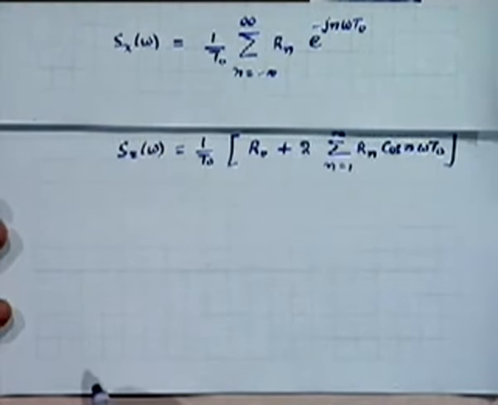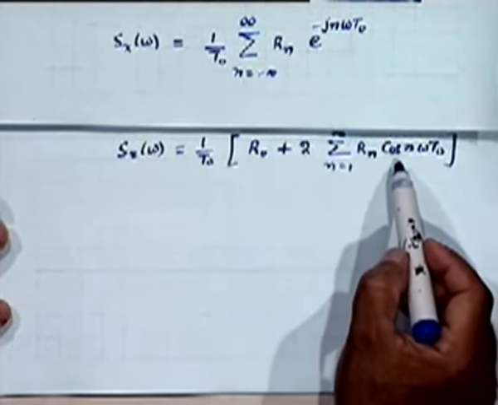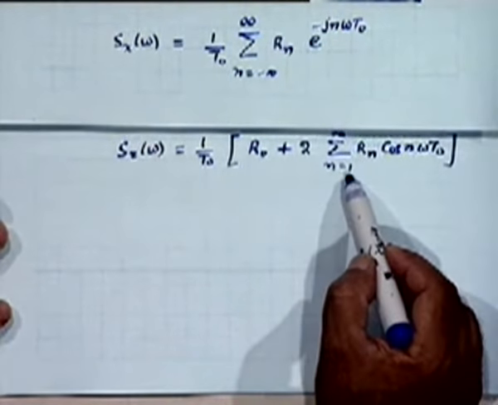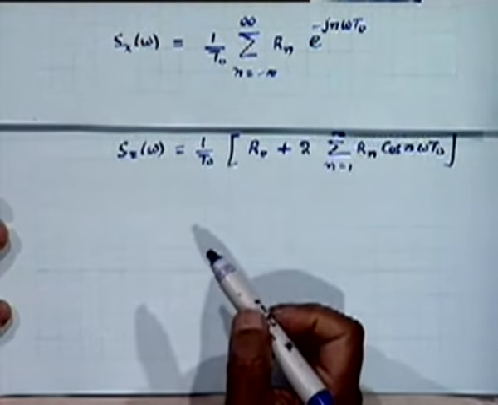You can combine the positive frequencies and the negative frequencies to obtain cosine terms for non-zero values of n, right? So this is an alternative expression for S sub x.